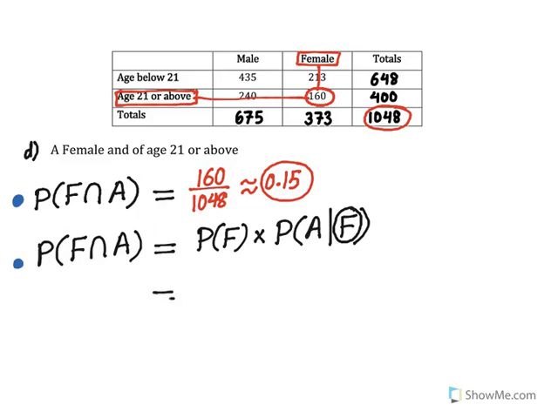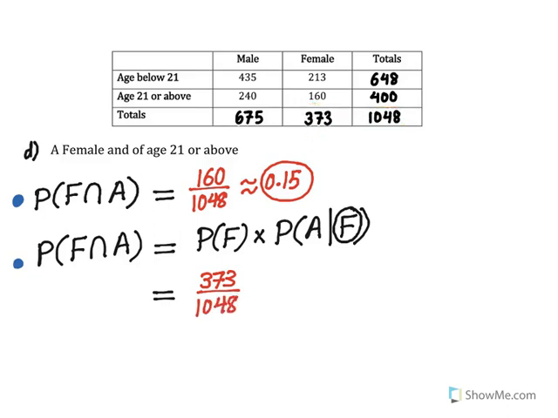So let's see what we get here. Probability of female, again, let me first erase this stuff here. So probability of female is 373 total females out of the total number of people. So this will be 373 out of 1,048. Okay?